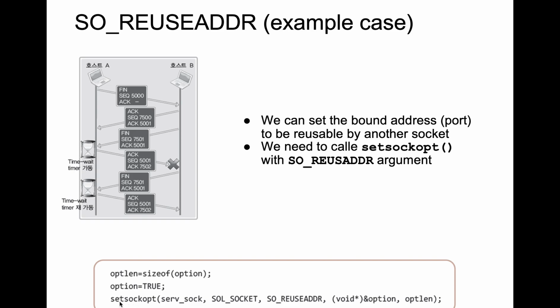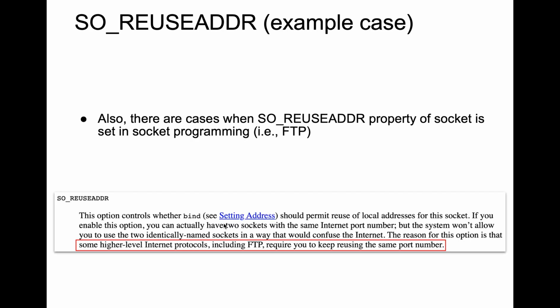When we call set socket option with the option name reuse address and provide the value of true, this socket will be able to bind even if the address is going through the time wait state. That address will still be able to bind. And I will show it as an example.